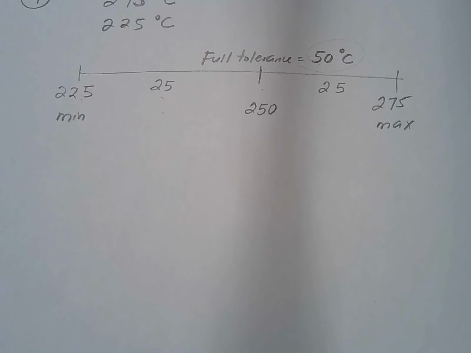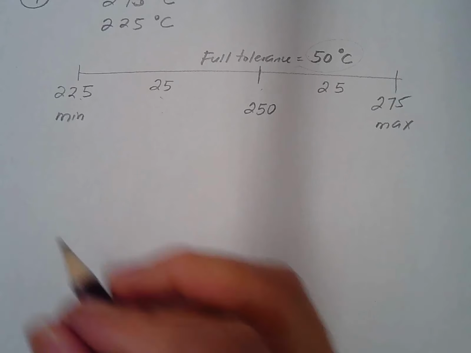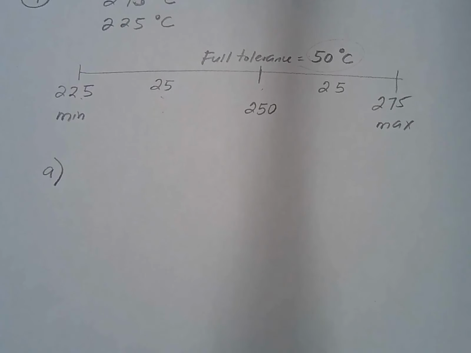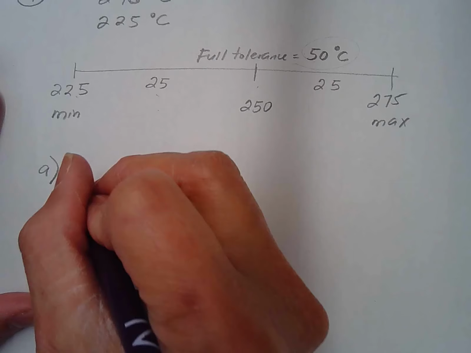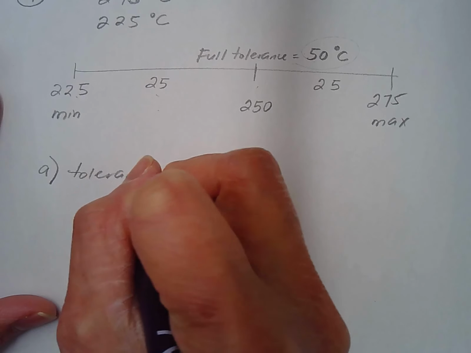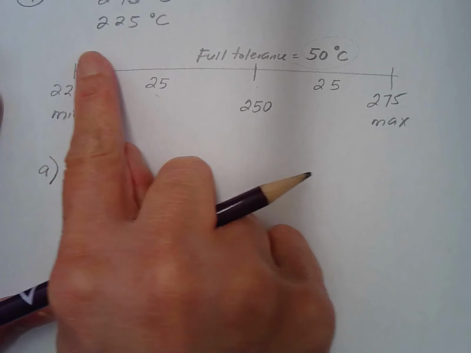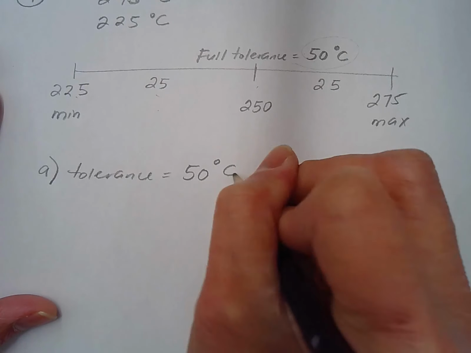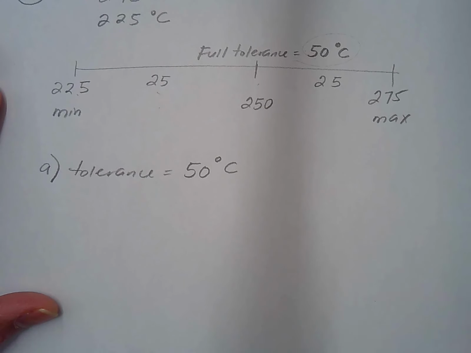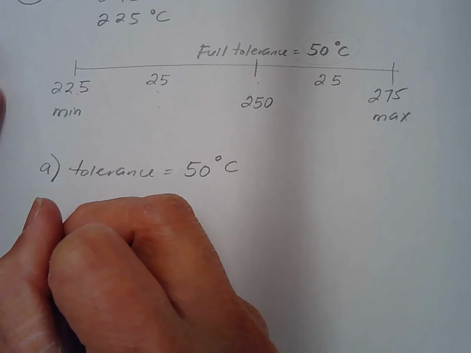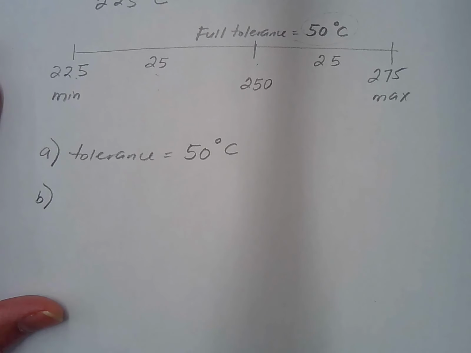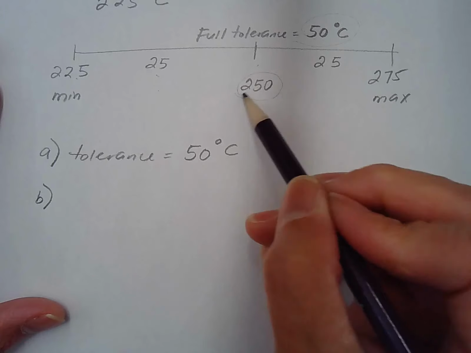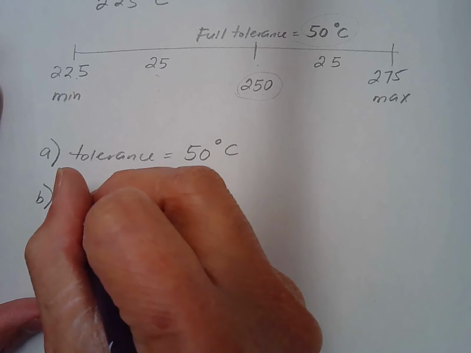So that's how we are gonna write it out, because we want nominal value plus or minus half tolerance. So letter A, what is the tolerance? The full tolerance is 50 degrees Celsius. What is the nominal temperature? The nominal temperature would be the 250.